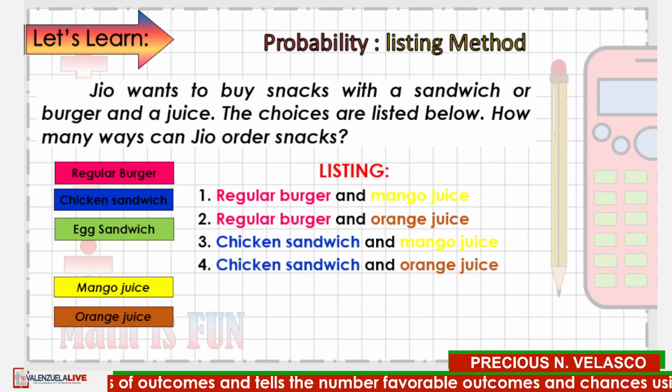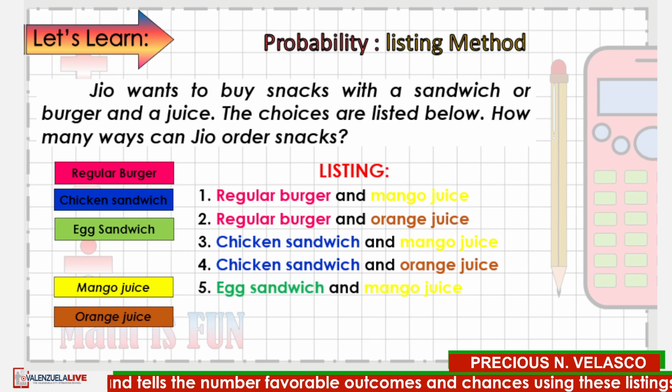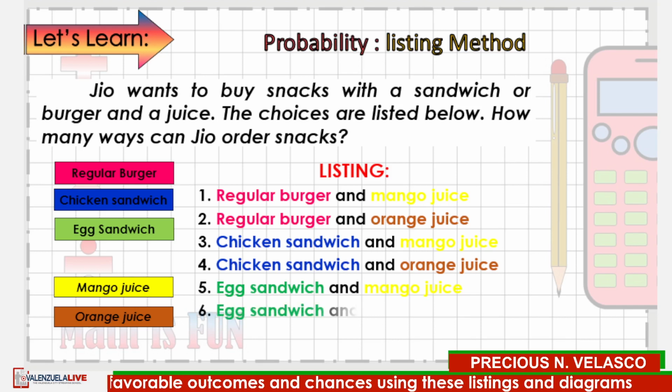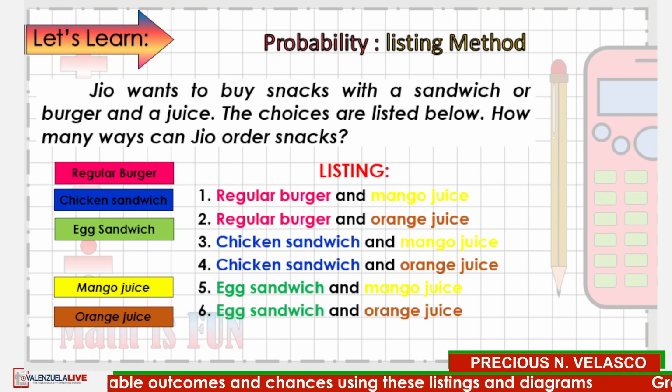Another, Gio can order chicken sandwich together with an orange juice. For the fifth one, Gio can order an egg sandwich and a mango juice. And for the last one, Gio can order an egg sandwich and an orange juice. So for the listing method, these are all the possible outcomes that Gio can buy for his snack.